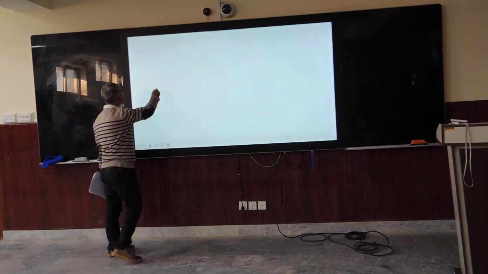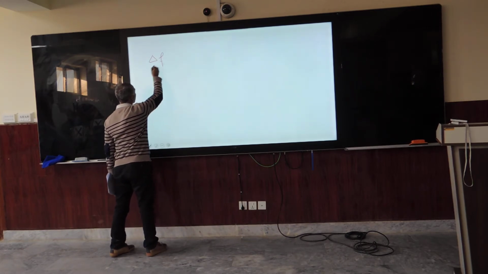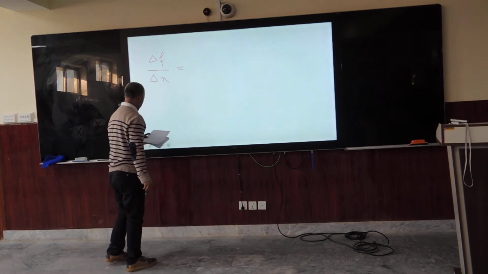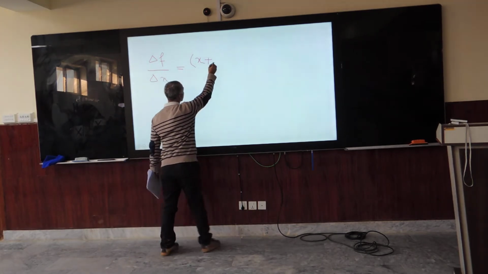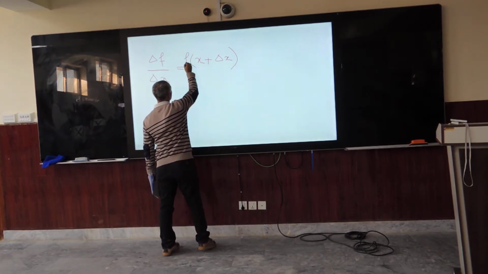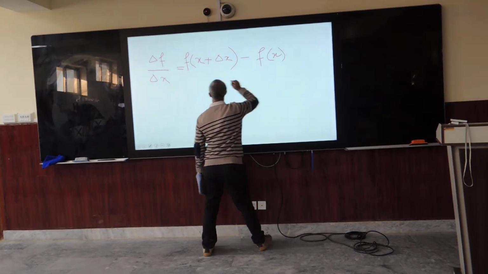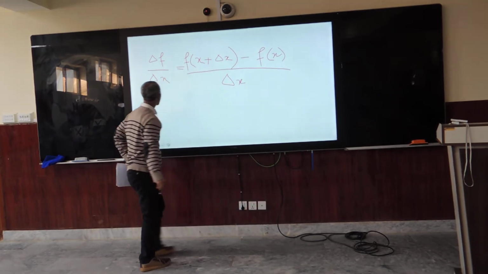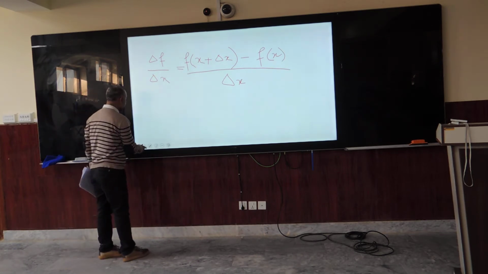So the slope of the tangent line for any function f can be written like this along the x-axis. This is the slope of the normal line, and later on we will apply the limit delta x approaches 0.